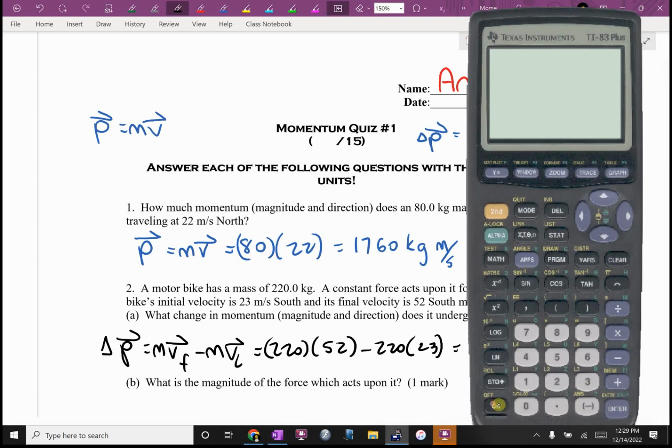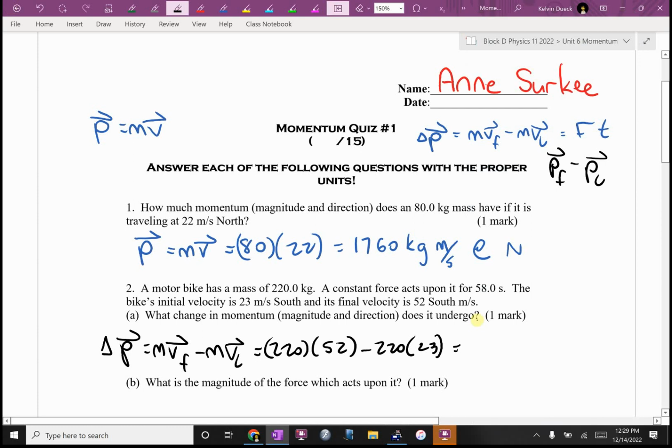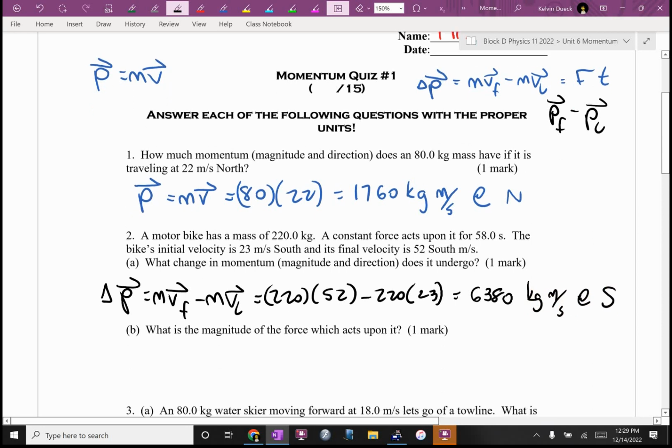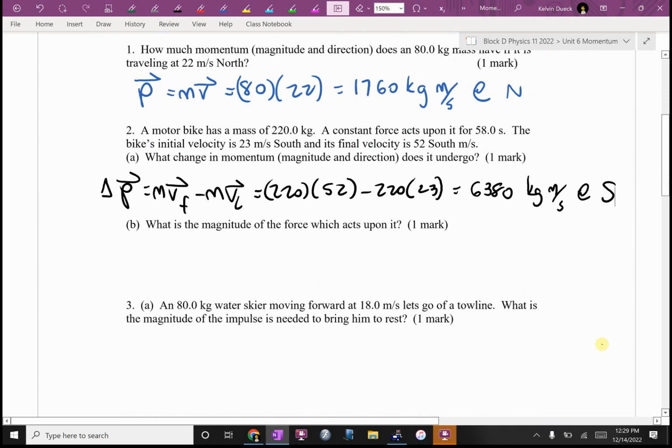I have no idea what the answer is. 6,380? Is that what you said, Gerard? That's the magnitude. Units, kilogram, meters per second. South. Half mark for the 6380, half mark for the south.